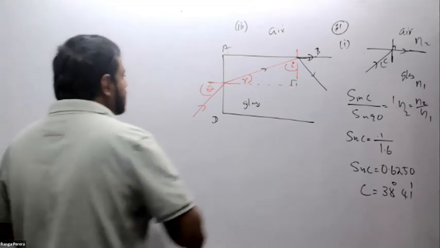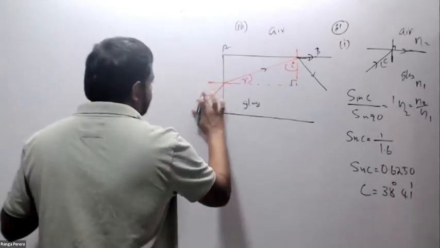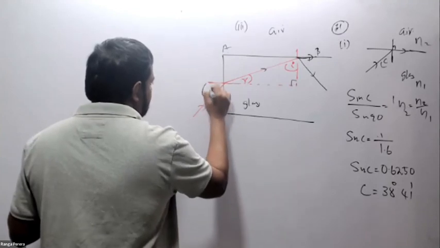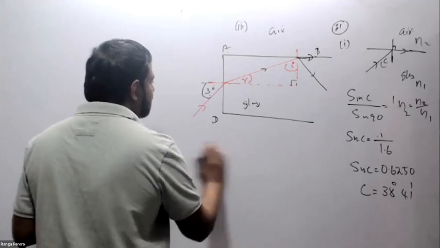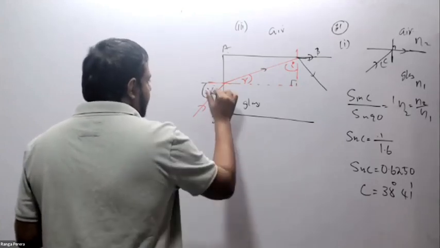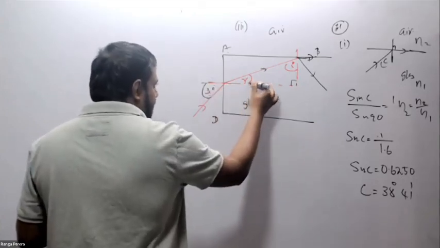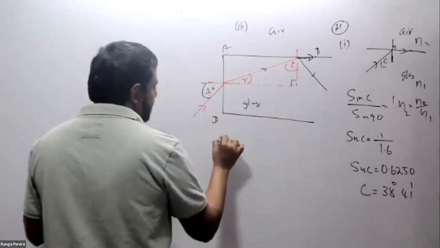Right, now theta equals 30 degrees. If that is 30, we'll find R, then we'll try to find I.